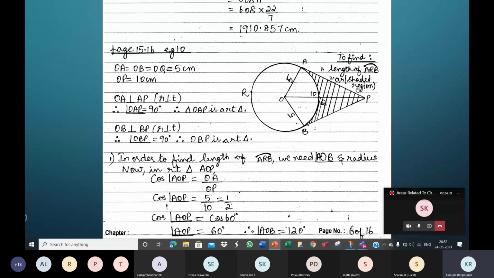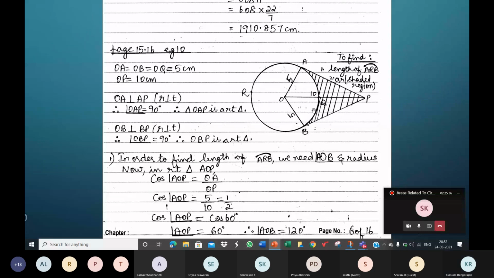OA is the radius, PA is a tangent, because this line segment touches the circle at this point A. The radius and the tangent at the point of contact are perpendicular to each other. So angle OAP is equal to 90 degrees by the theorem.